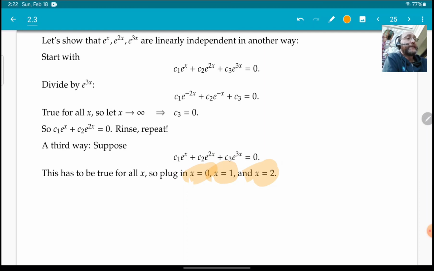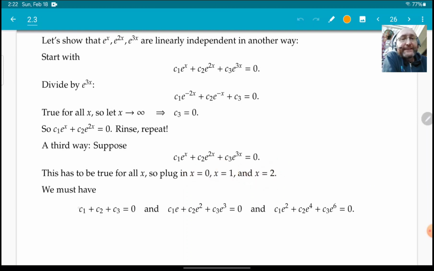And I'd get 3 equations where there's no x anymore, but it's going to be 3 linear equations in the C1, C2, and C3. What I get is this thing, that's when I plug in x equals 0. I get this guy, that's when I'm plugging in x equals 1. And I get this guy, that's when I'm plugging in x equals 2. Right? And so I have 3 equations, 3 unknowns, and this is just a little bit of algebra. And if you solve these, again, you have to do some algebra.